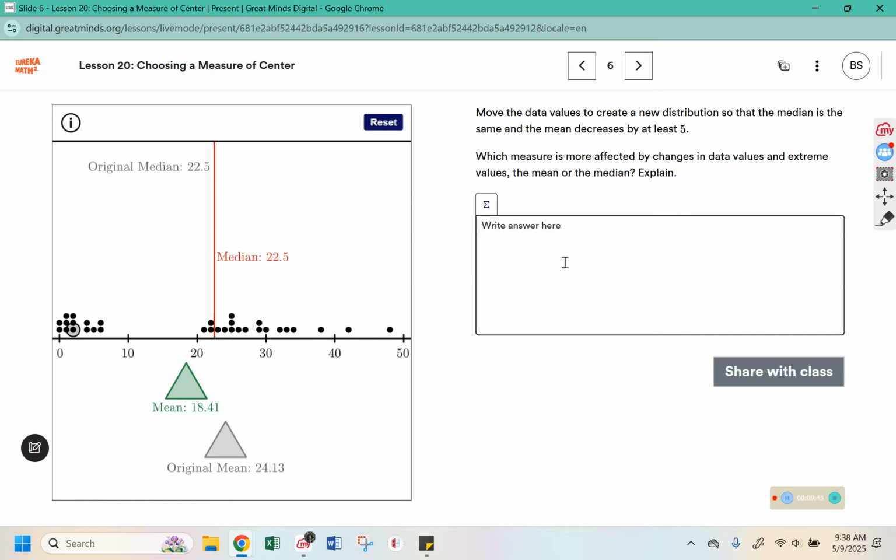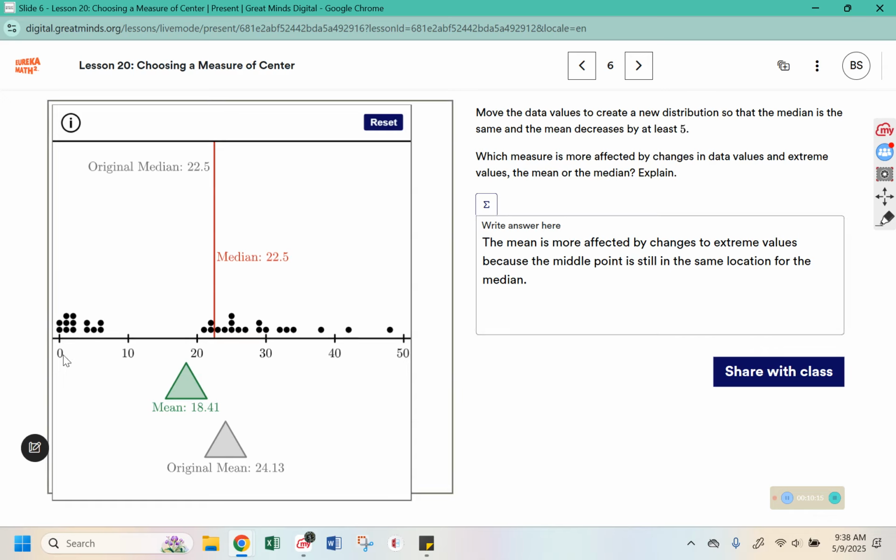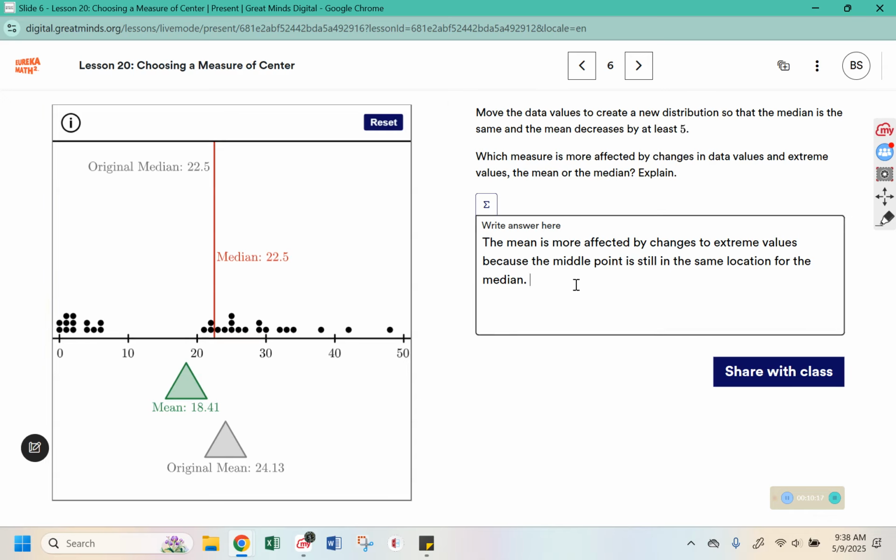The mean is more impacted by extreme values, because the middle point is still in the same location for the median, but the extreme values make the sum a lot higher or a lot lower.